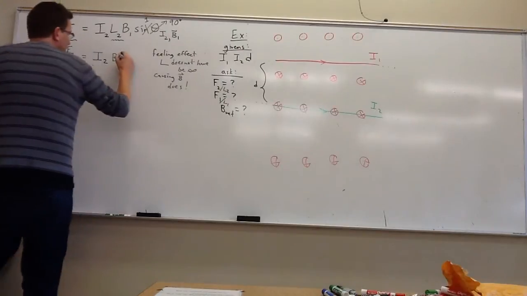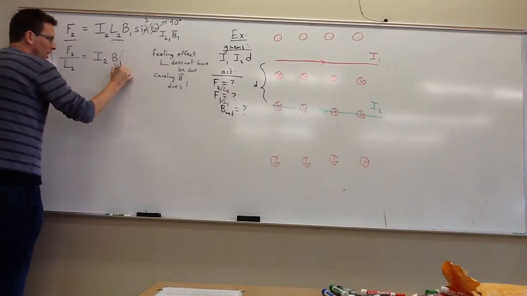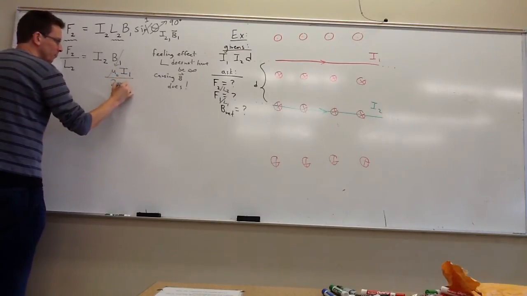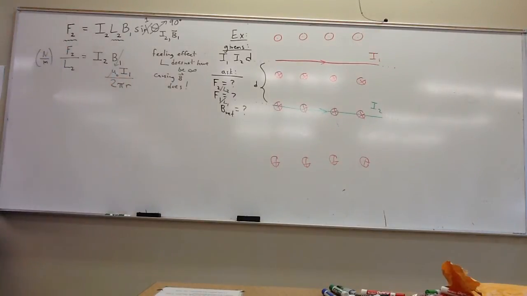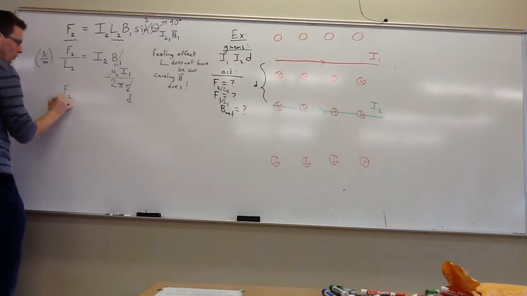So we go ahead and say the magnetic field made by wire 1 depends on mu naught, the current in that wire, and how far we are away from it. So how far are we away from wire 1 when we're at wire 2? 2D. So we just put that in here, and we get F2 over L2.